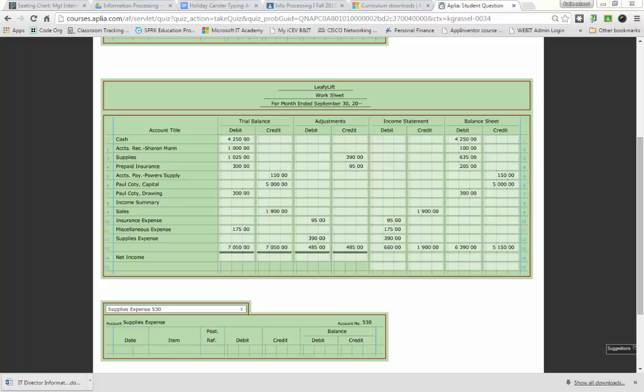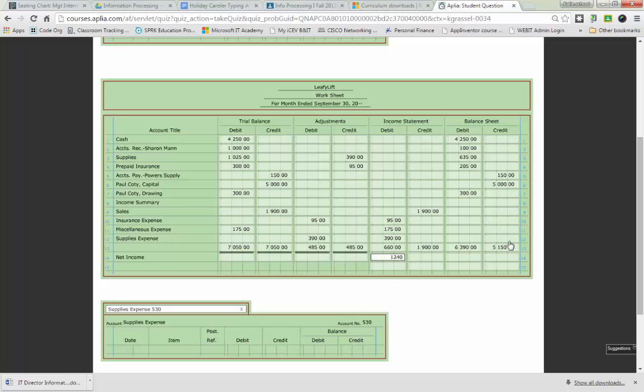So, who gets the money? The owner. So since the owner gets the money, it has to go over here on the balance sheet as a credit because that's going to add to our capital account. So it's going to go on my income statement as a debit of $1,240.